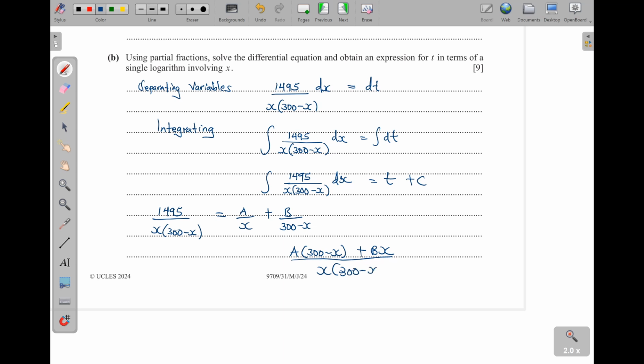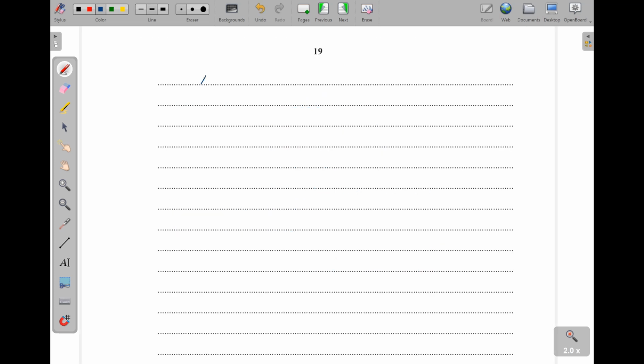But I don't need to waste my time writing this, because it is going to be the same as the one I write here. So I just multiply those ones, plus bx, then I equate to the numerator 1495. We have a into 300 minus x, plus b of x, which is equivalent to 1495.